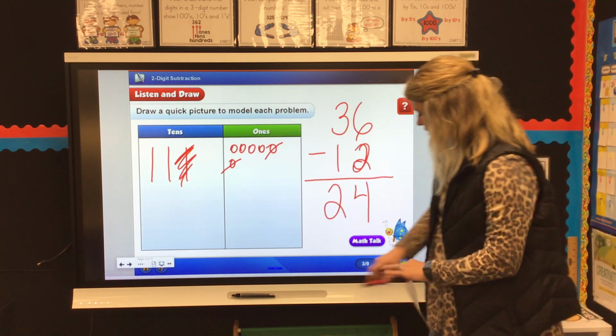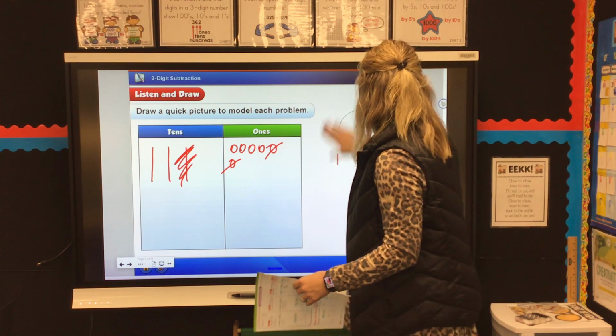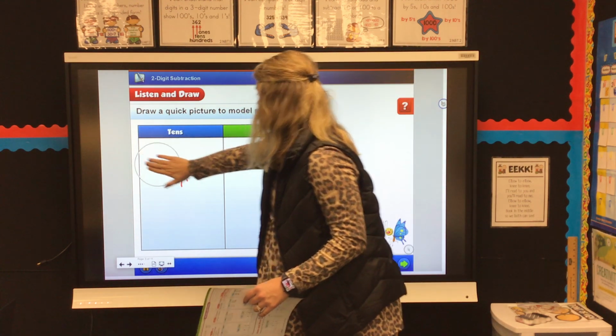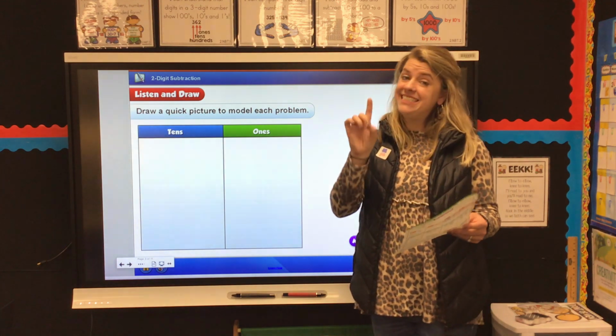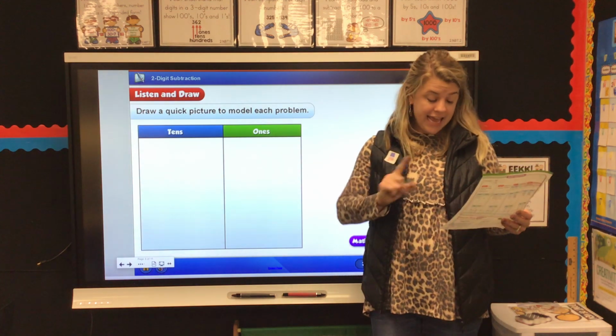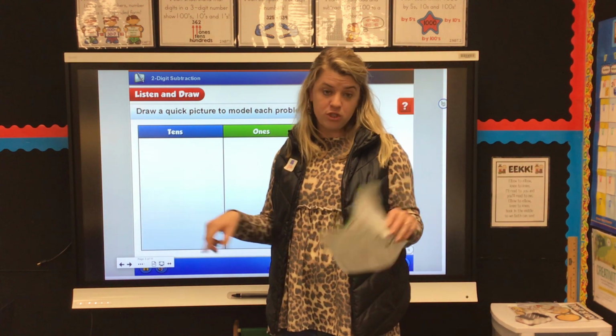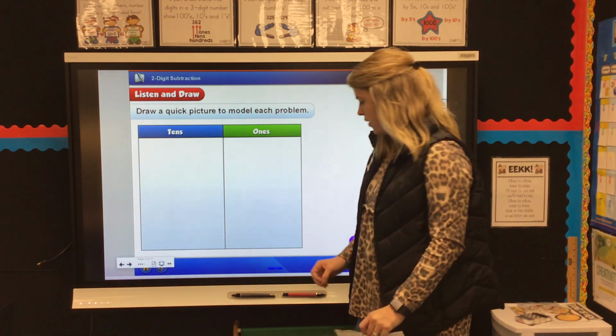I'm going to erase it, but you're going to do this one down here, okay? Here we go. Devin had 54 toy cars. He gave 9 of them to his brother. How many toy cars does Devin have now?